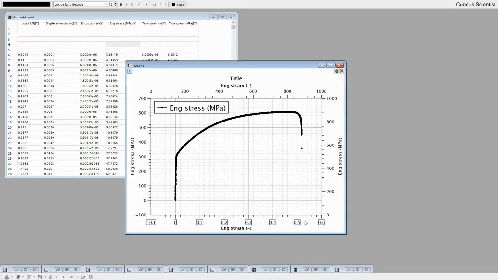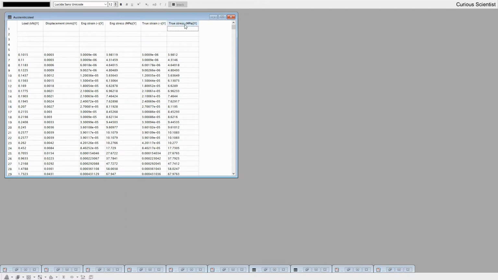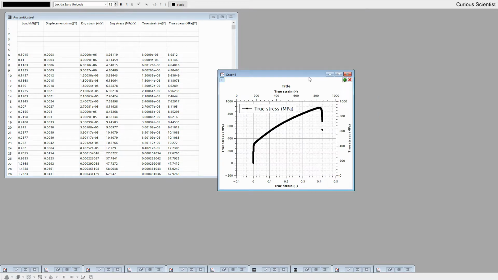But this is still not accurate, as we said. So let me put some other graph here. So I also calculated the true strain and the true stress, which is based on the instantaneous change in the length and the diameter or cross-section of the specimen. So if we go and plot those values, then we can see that we have a bit more steeper curve.